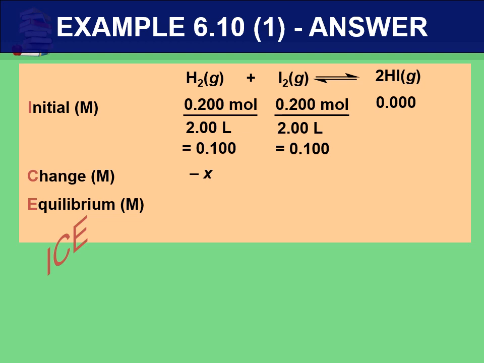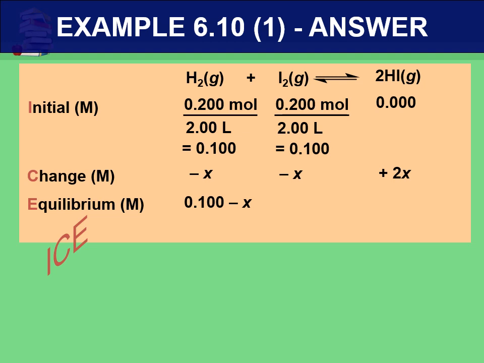So for I2, it's going to be x also. It's negative because we subtract x from the original initial concentration of the reactants. And for product, we're going to have plus 2x. 2 is the stoichiometric coefficient from the balance equation.